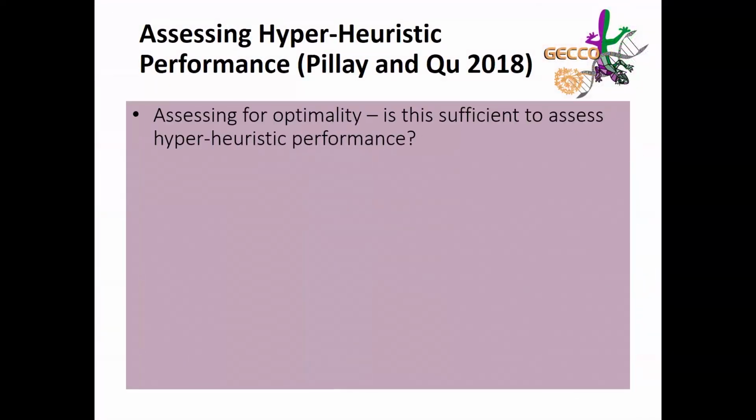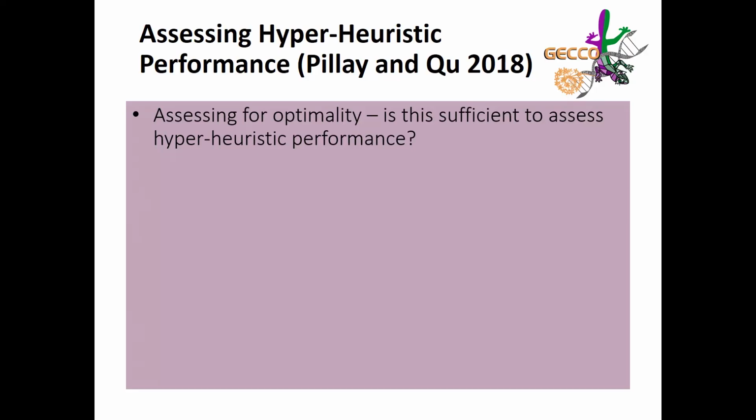So this is one of the earlier papers that we worked on. Essentially what people did is they did the same thing that you would do with up-the-wall research. They would look at a problem and say, okay, based on optimality, this hyperheuristic is performing well or not performing well. But that to some extent defeats the purpose of achieving generality. Because sometimes when you're achieving optimality, you're not going to achieve generality.